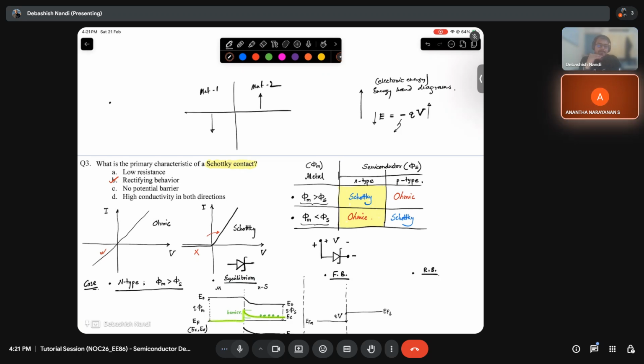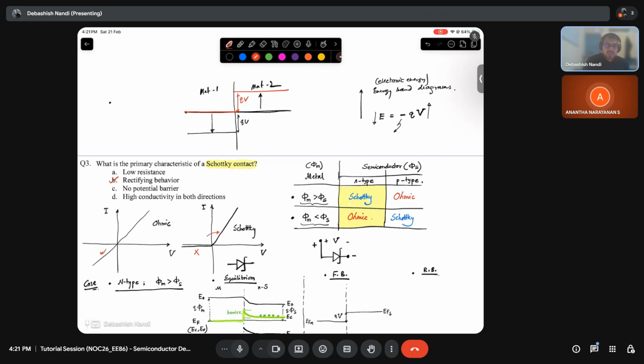Fundamental law. So I can do this and mention this is the applied bias, or I can just shift this up and mention that this is QV. These are the same thing.